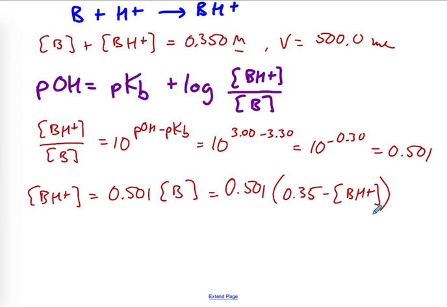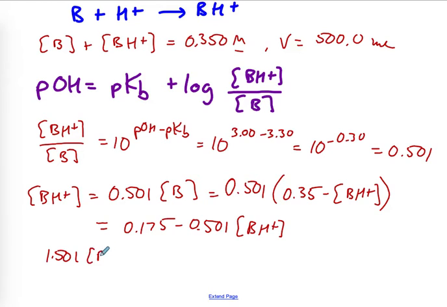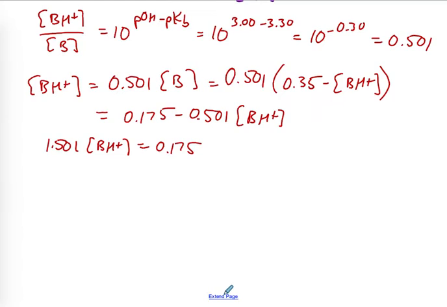Again, because we have the sum of the concentrations at the top, this is equal to 0.175 minus 0.501 times the concentration of the conjugate acid. So 1.501 times the concentration of the conjugate acid is equal to 0.175, or the concentration of the dimethylammonium ion, the conjugate acid that will give me my desired pH, is 0.117 moles per liter. Okay? That's what we were shooting for.